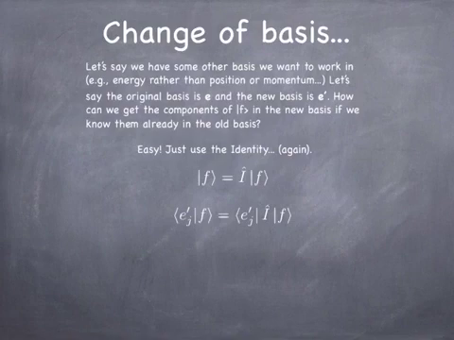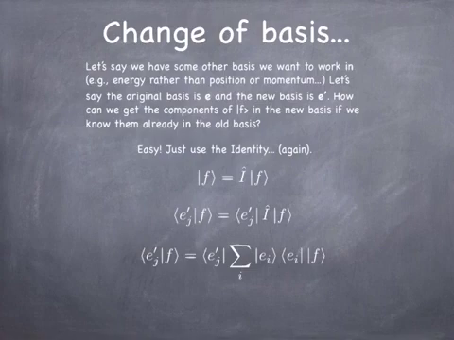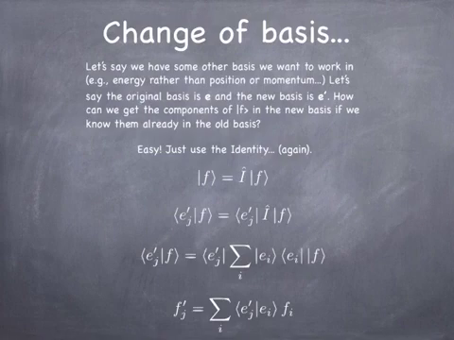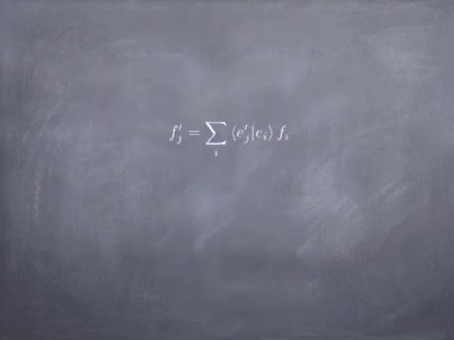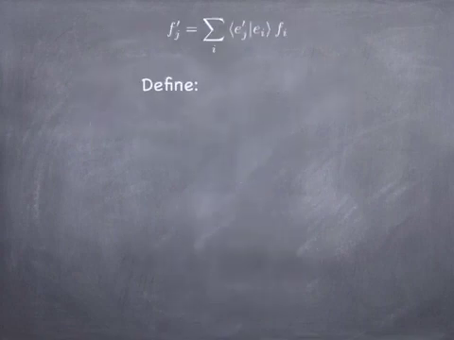In other words, if we want to know the j prime component of F, we take the j prime component of I acting on F, but I, remember, is the sum over the e sub i basis. And so we can write that the j prime component of F is the sum of these inner products between the basis vectors in the prime set and the unprimed basis vectors, multiplied by the vector F. So let's see what that turns out to be.